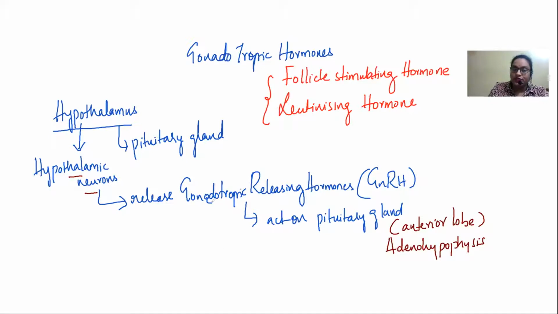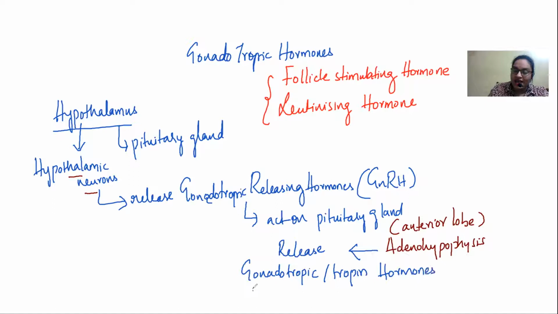Under the influence of gonadotropic releasing hormones, the adenohypophysis is going to release the gonadotropic hormones, you can even call them tropin hormones. These hormones act on the gonads.